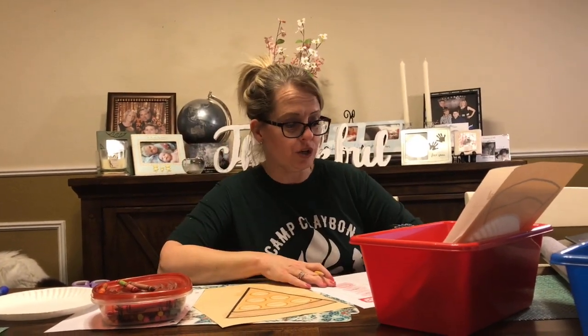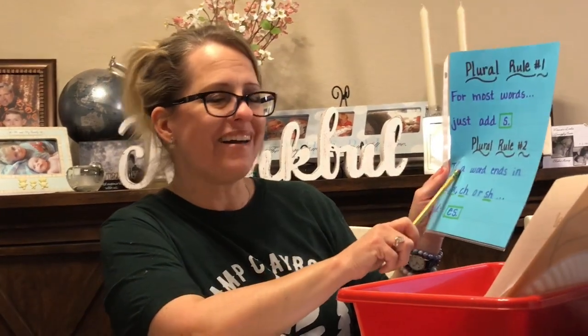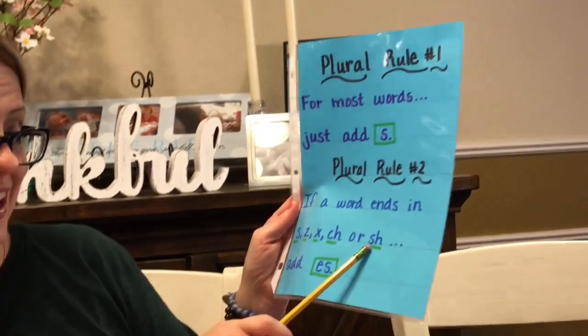All right, so now I need to think, what's the plural form of the words? So before I do any cutting, I want to do that part. So hat, I have to think. Okay, remember my rule. Let's see here. Rule number 1, for most words just add S, but I know if the word ends in S, Z, X, CH, or SH, I add ES.